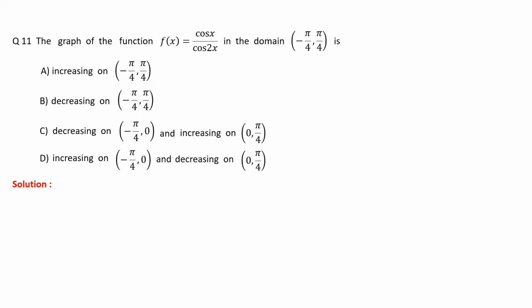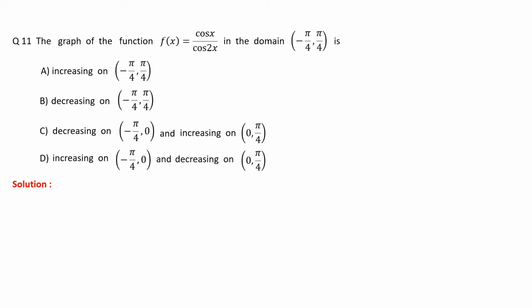Now students, this is a direct question on increasing and decreasing functions. The question says the graph of the function f x equal to cos x upon cos 2x in the domain open interval minus pi by 4 to pi by 4 is. We have to check on which particular part in this interval the function is increasing or decreasing.